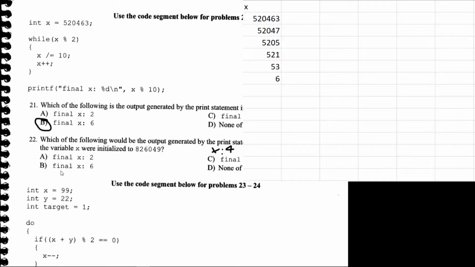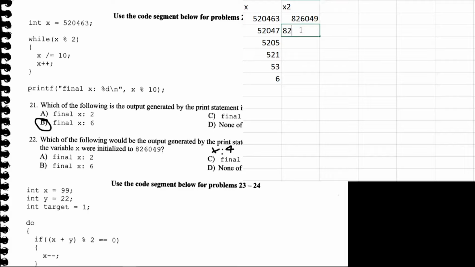826049? So now we're going to have to do this again, and I'll just put this in the second column here just to compare the two. All right, so starting out, we have 826049, and then is that divisible by 2?